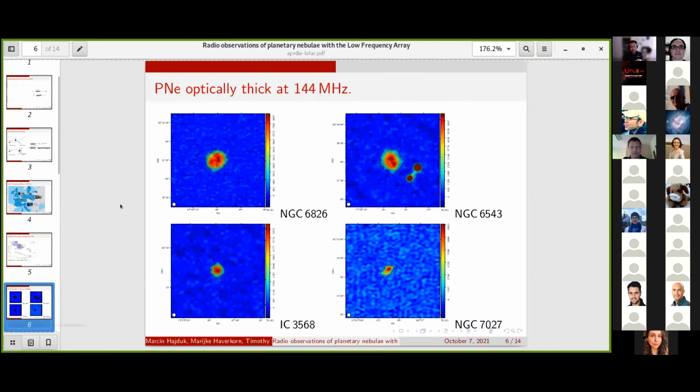So in general, this free-free emission also contains some emission from different plasma temperatures. So you see NGC 7027 almost maps the hot bubble. And also in the Cat's Eye Nebula, NGC 6543, it looks like it is tracing the hot bubble. Yeah, it looks like that's the case in both nebulae. It's fascinating.